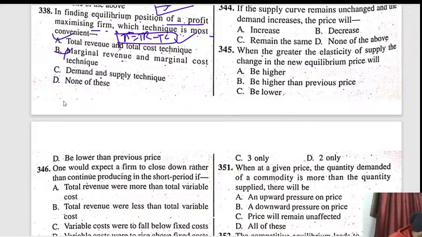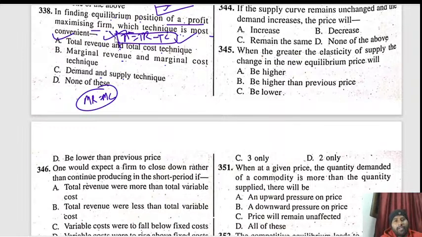No, 338 it is B. Something is going wrong now in some of the serial questions. Marginal revenue and marginal cost technique in finding the equilibrium position of a profit maximizing firm. So actually the thing is this only, that TR method and MR is equal to MC are the same thing.